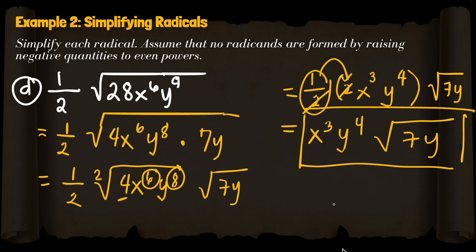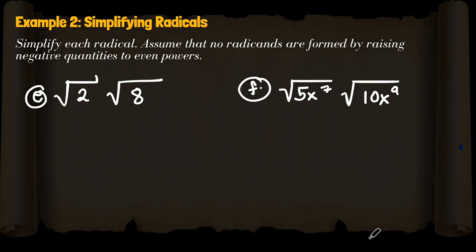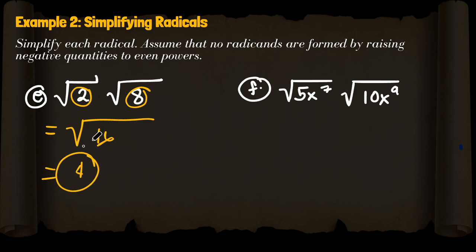Okay? So, in this case, we are now in the letter E and F of our example. So, we have square root of 2 times square root of 60. Ito, madali natin magawa, no? Pwede siyang isulat as square root of 2 times 8, that is 16. And square root of 16, that is going to be 4. So, evaluation gagawin natin dito kapag number lang ang ating radicand. Okay?